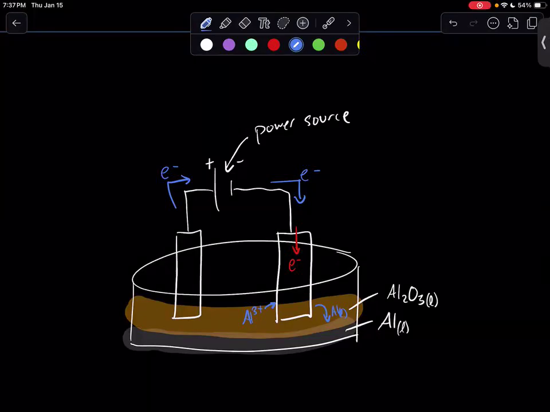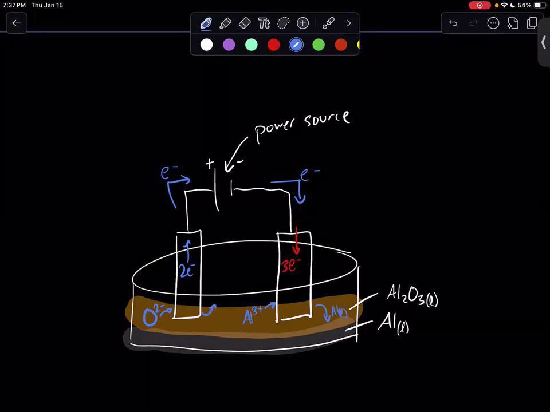Furthermore, as electrons are leaving, where are those electrons coming from? Well, they're coming from the oxygen. O2- is going to interact with this electrode. 2 electrons are going to leave, moving straight up, while 3 electrons came down.